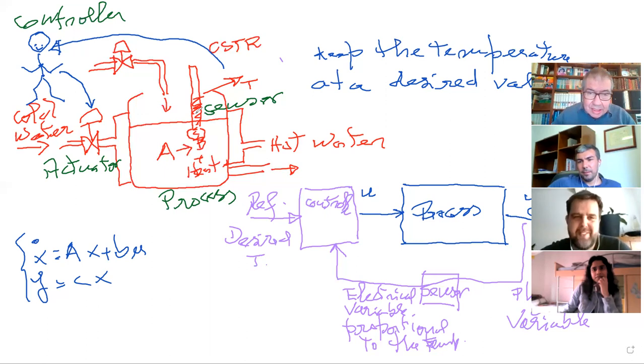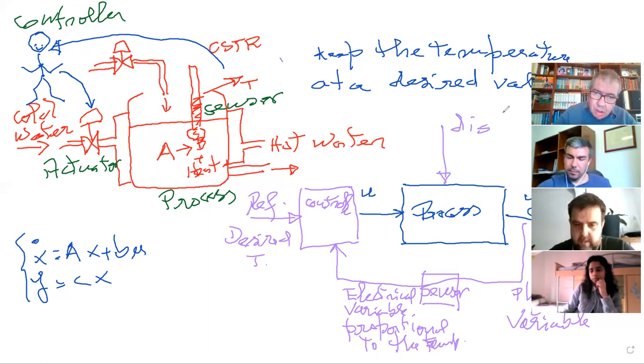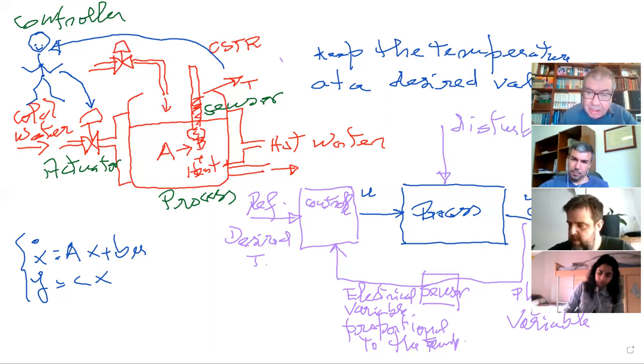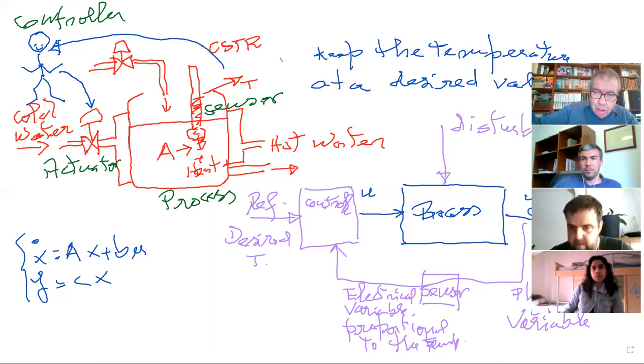Because there is another thing, which is disturbances. Imagine Eskimos that live in the Arctic with temperatures of minus 20 or minus 30 degrees Celsius. And you have people close to the Equator with temperatures close to 40 or 50 degrees.